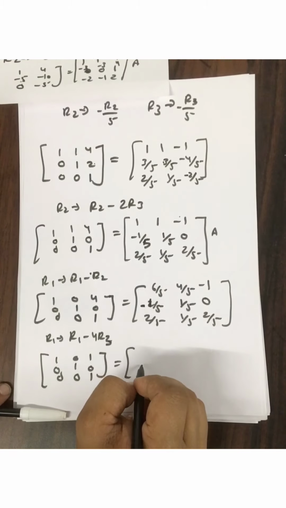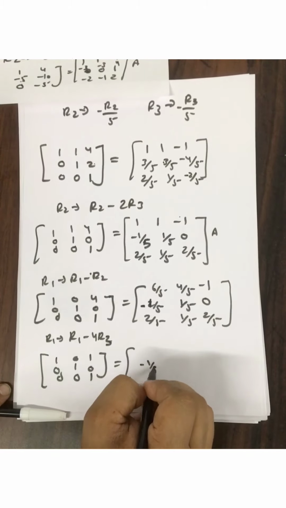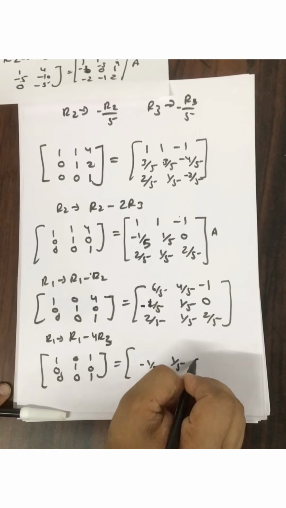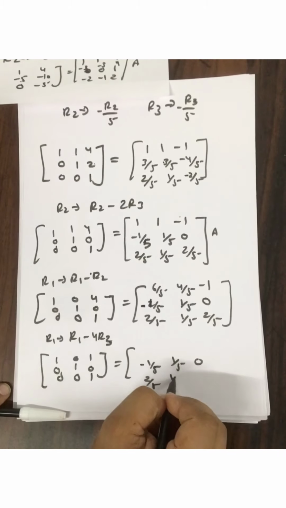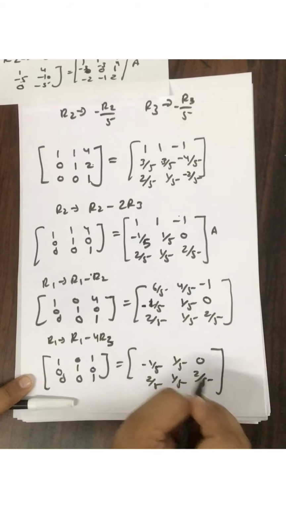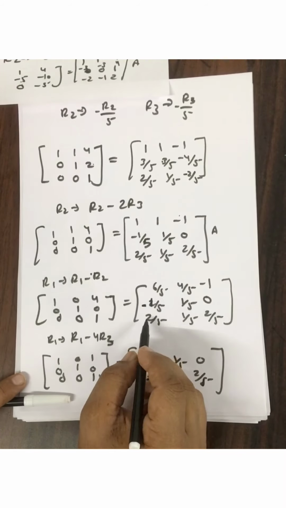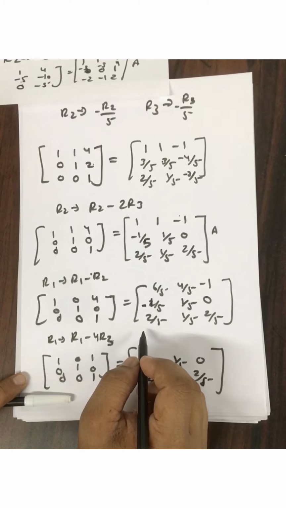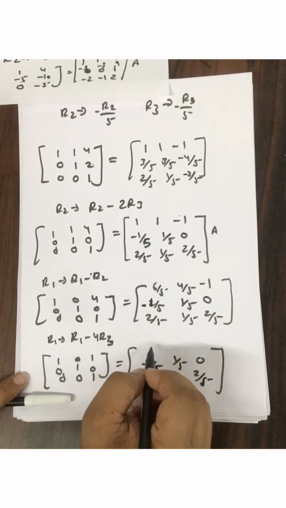So let's write the second one first. Minus 1 by 5, 1 by 5 0 and 2 by 5 1 by 5 2 by 5. Okay, what will be this minus this, 6 minus 4, and this 4 multiplied, we get minus 2 by 5.